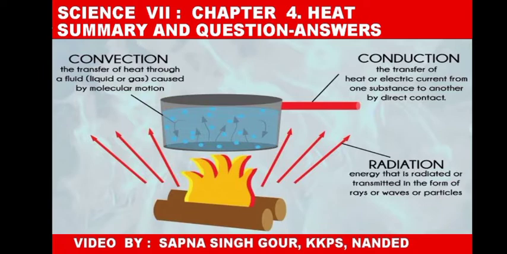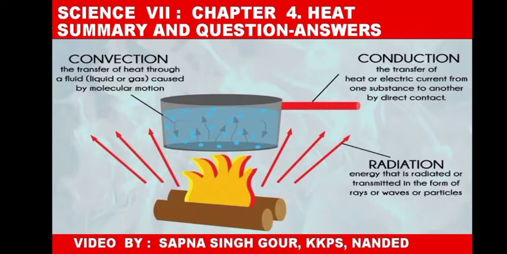Then the next point is convection. Convection is the process of transmission of heat in fluids in which the molecules move in definite currents carrying heat with them. In other words, the process of hotter liquid or gases transferring heat to the colder surroundings is known as convection.